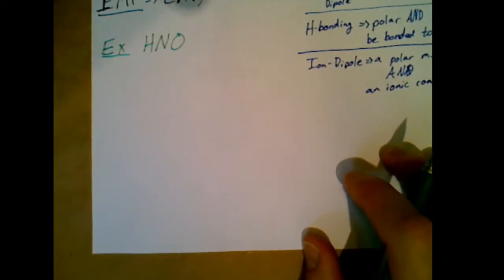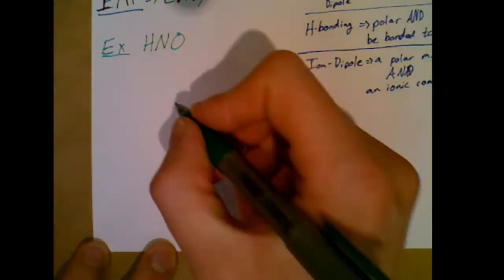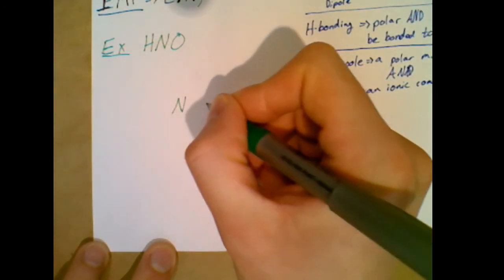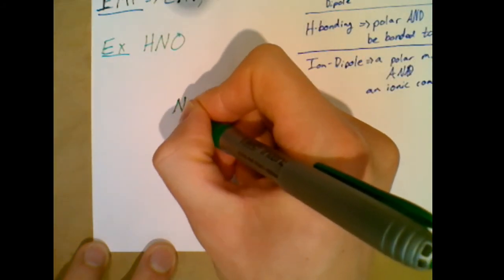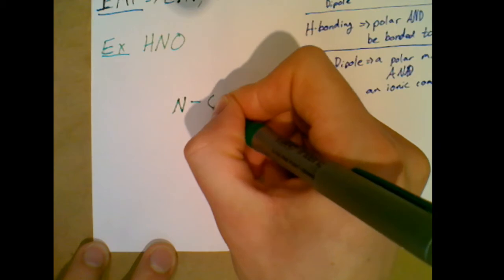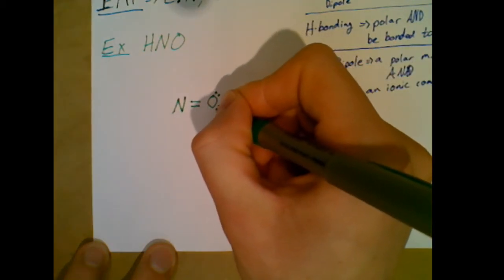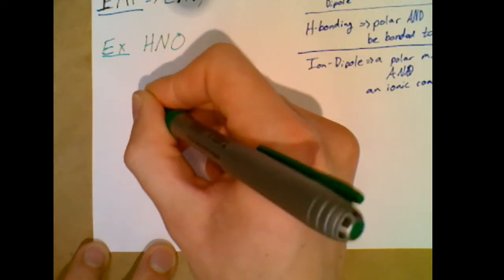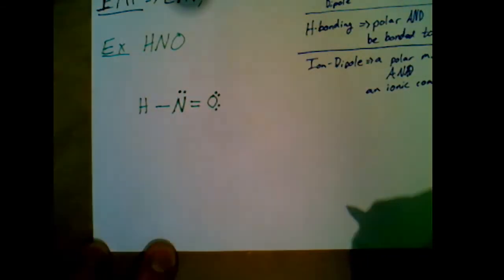Our first step is we need to draw the Lewis structure. The Lewis structure, and I'm going to go fairly quickly here, is going to have nitrogen in the center, double bonded to an oxygen, and then single bonded to a hydrogen, and then have a lone pair on the nitrogen.